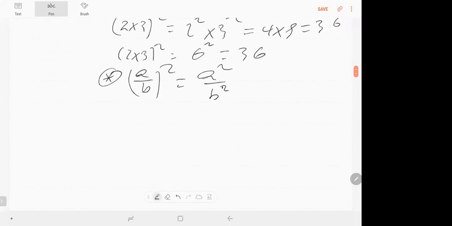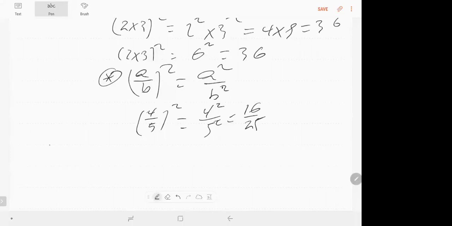To consider an example for this case, let us take (4 over 5) squared, which is equal to 4 squared over 5 squared, which is equal to 16 over 25. So this is the second basic property.